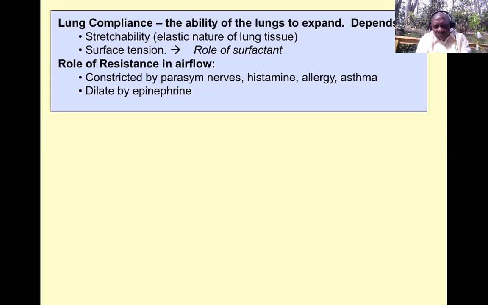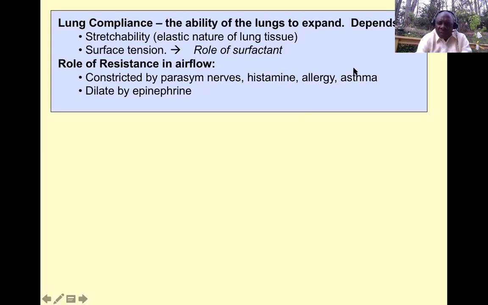But we also have talked about histamine. So when you're stung by a bee, the bronchus will go into bronchial constriction. And remember, we said you can give EpiPen to counter that effect. We also have talked about asthma.